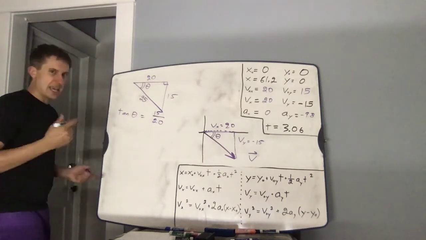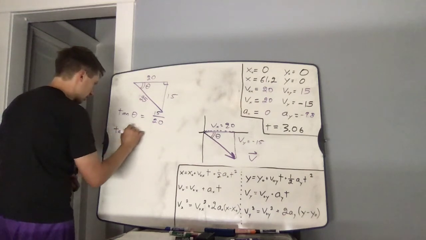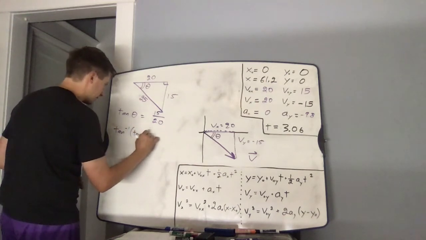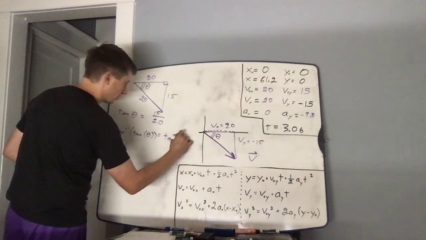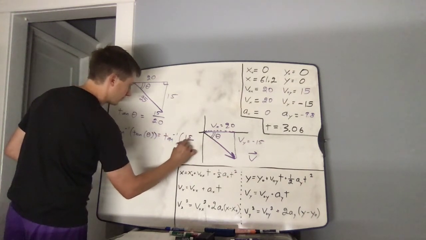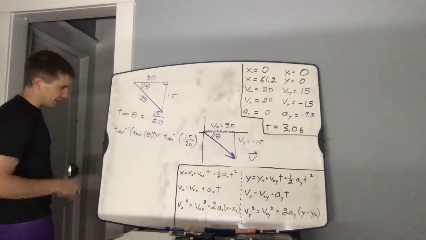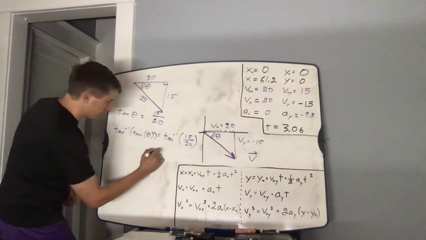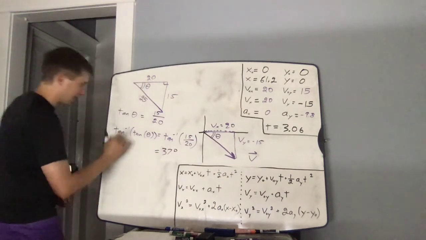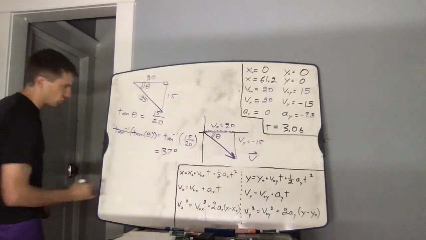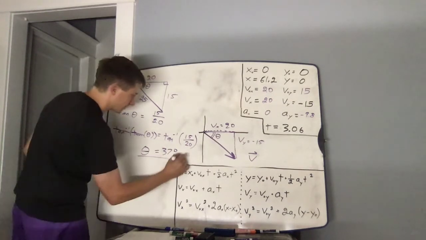So I will take the tan inverse of both sides. Tan inverse of tan theta is equal to tan inverse of 15 over 20. Now, if I plug this in a calculator, on the right-hand side, I would get 37 degrees, and tan inverse cancels with tan, so I'm left with theta is equal to 37 degrees.